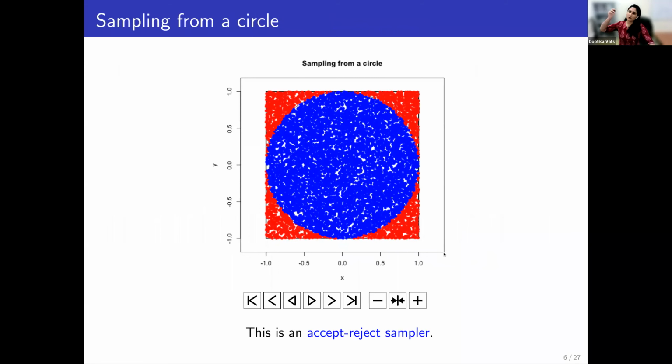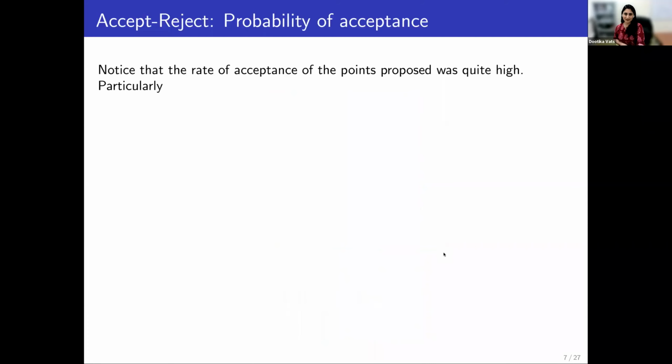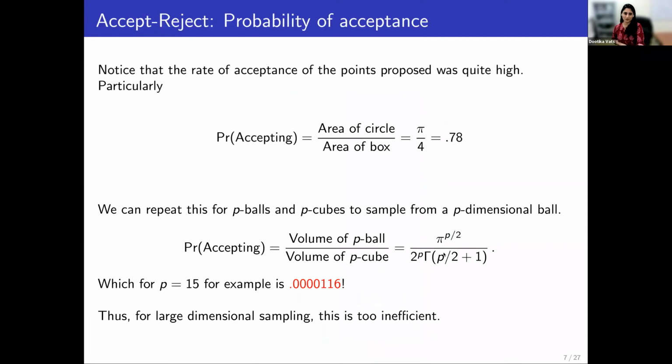And now we'll have to draw 1 lakh points or 100,000 points from the cube in order to get 1 acceptance on average from the sphere. That seems like quite a tedious job, right? Something I don't want to sign up for. Right? So thus for this large dimensional sampling in any higher dimension, turns out these sort of sampling methodologies will be way too inefficient.